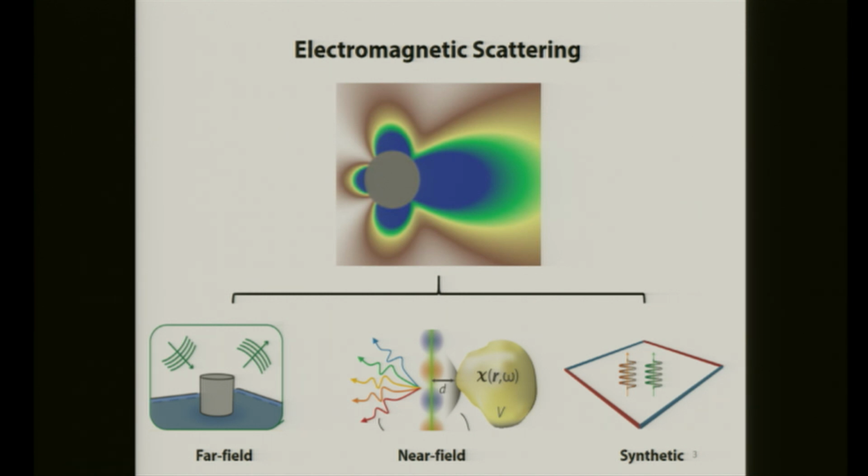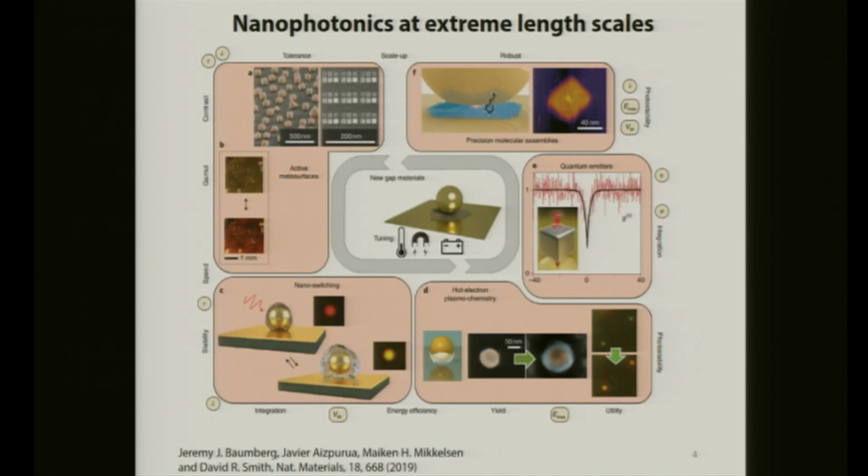First I'll talk about far field scattering measurements that allow us to propose a nanoscale framework for electromagnetism. We know that nanophotonics has entered a regime with extreme length scales. These configurations allow you to study both science and device applications in both classical and quantum regimes.